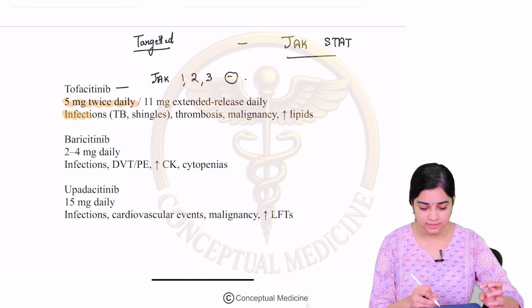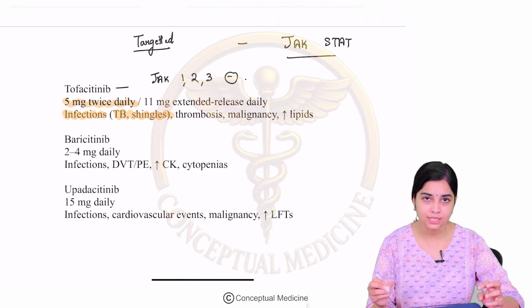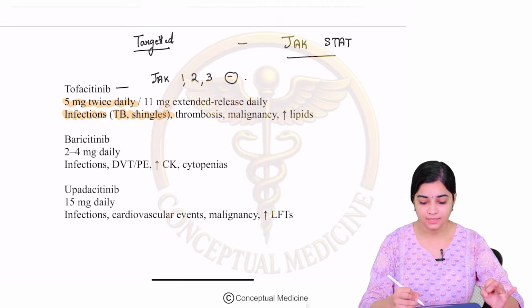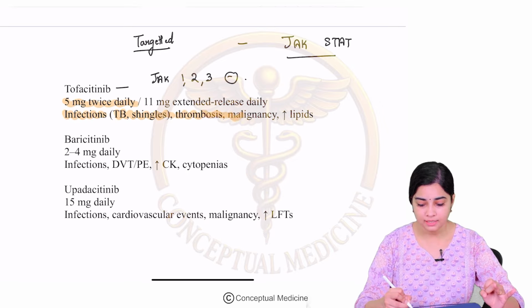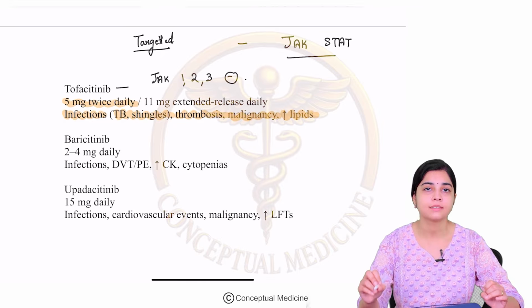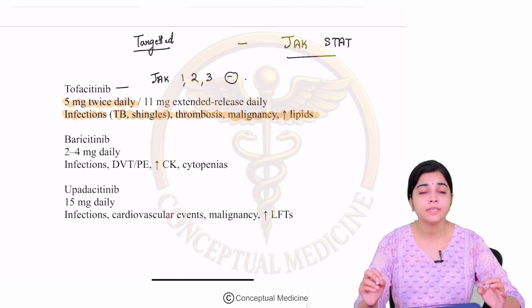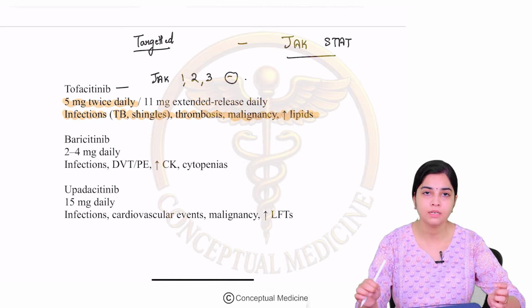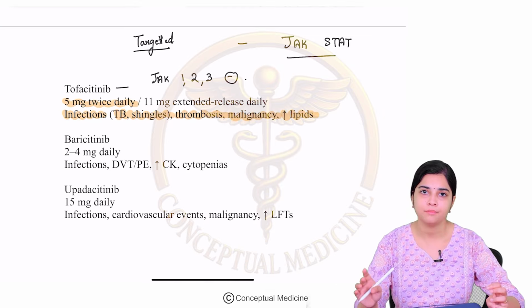There is an increased risk of infections like TB and shingles. And also remember there is an increased risk of thrombosis, malignancy and dyslipidemia, right? So always ask about history of any prior malignancy as well, because there is a risk of reactivation of malignancies, and a risk of thrombosis in these patients.